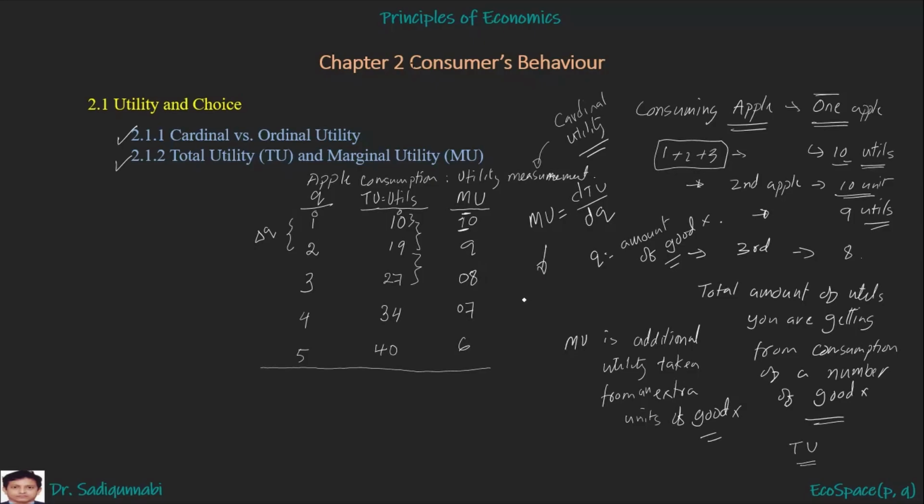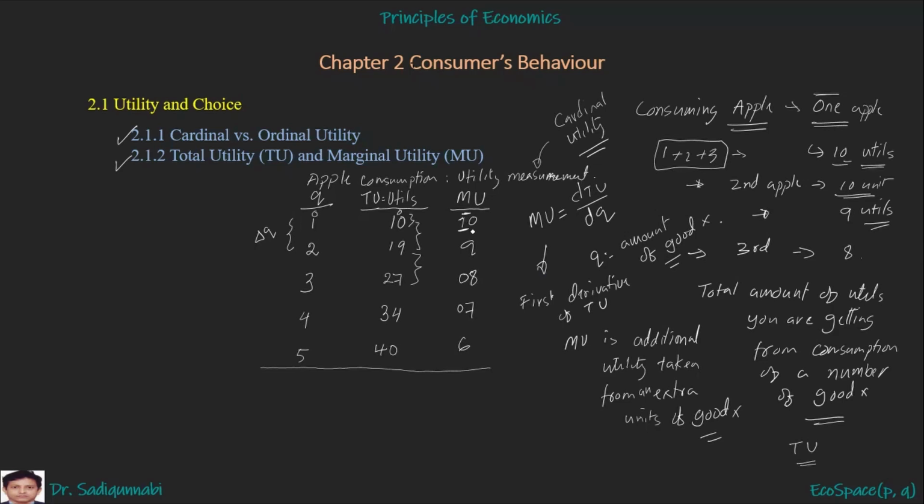So the first derivative of total utility is called marginal utility. So what is the basic idea? The basic idea is if you add one more unit of goods in your consumption basket, then the extra amount of utility you are getting is called marginal utility. And you see that marginal utility is diminishing.